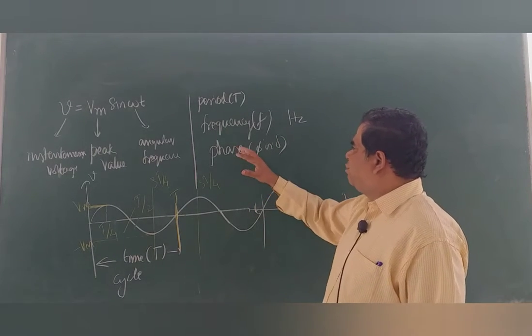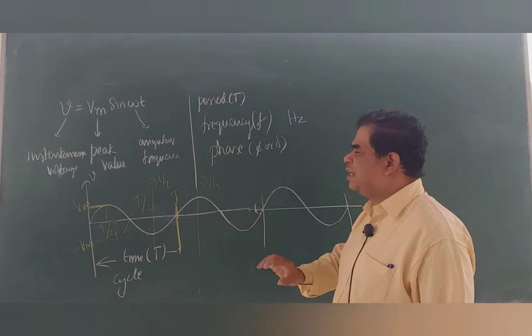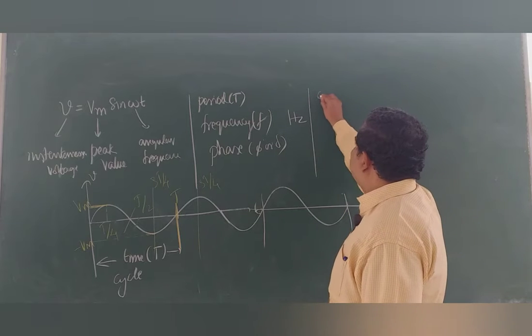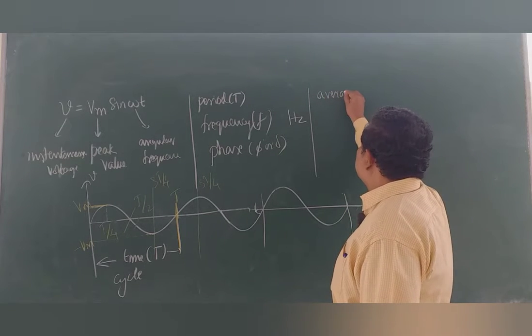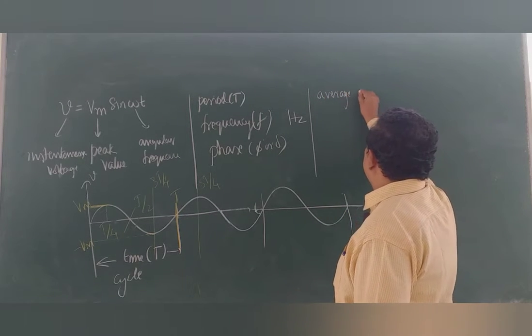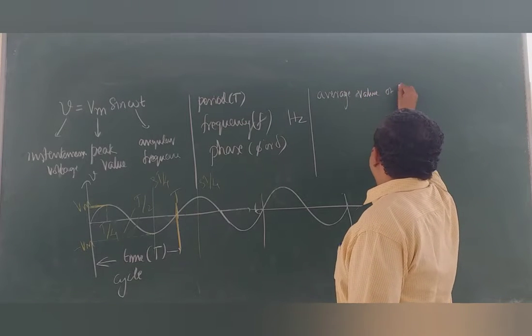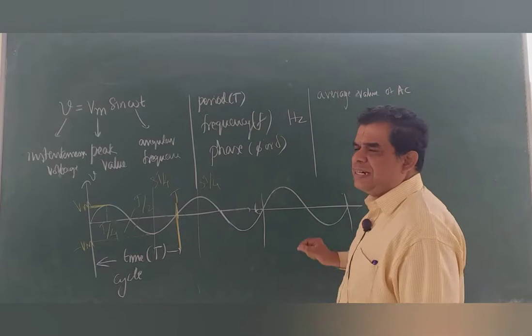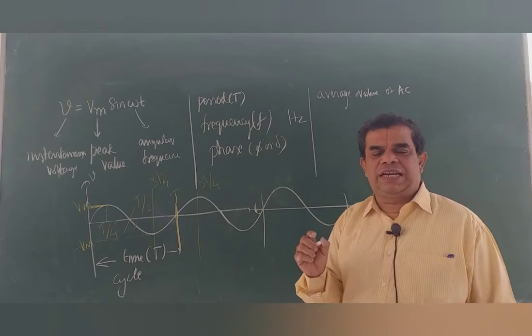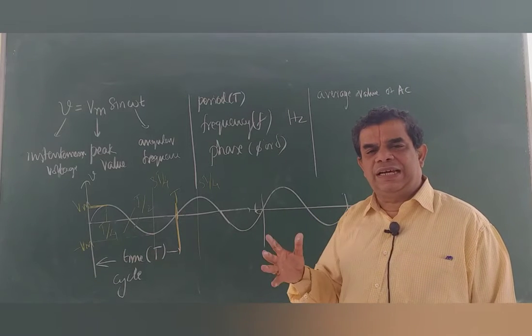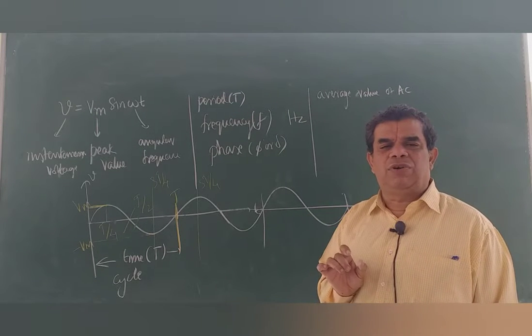So once we know the phase, period, frequency, AC and all those things, now we think of average value of AC, voltage or current. Say AC stands for alternating current, but when we say AC voltage or AC current, it is a symbol of variable voltage or current.